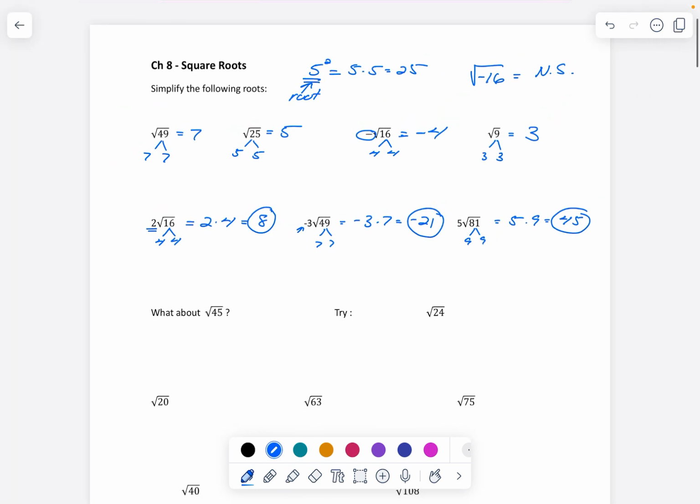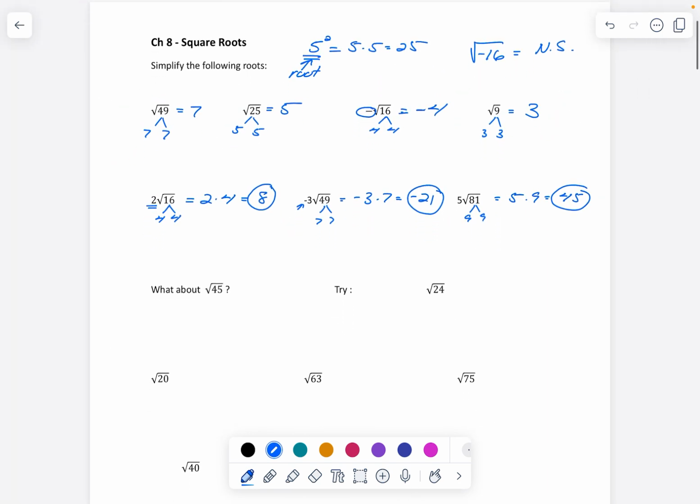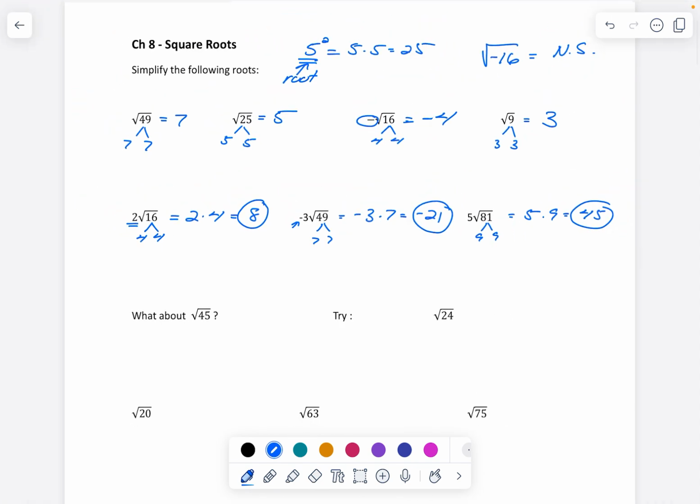Now, something we didn't do yet, which is a good idea, is to make a list of all the perfect squares.